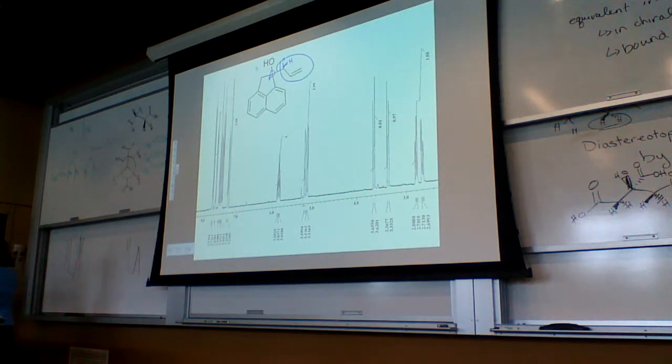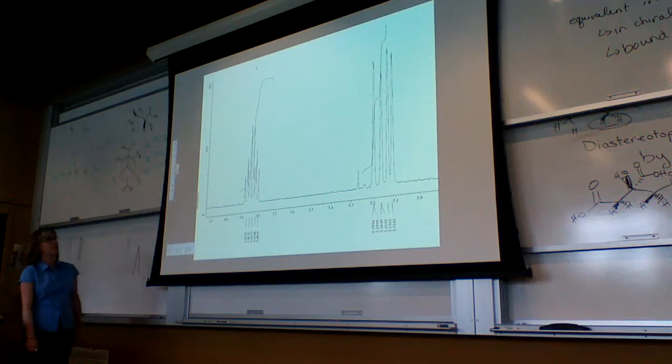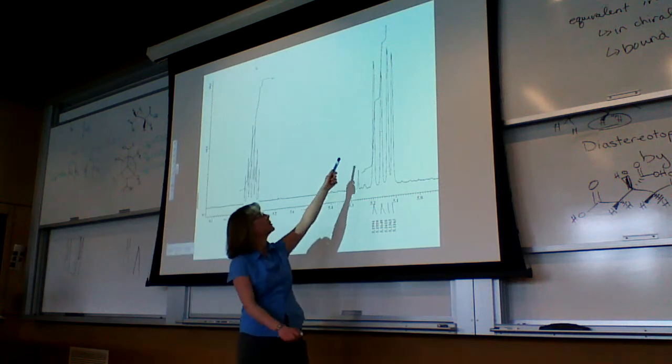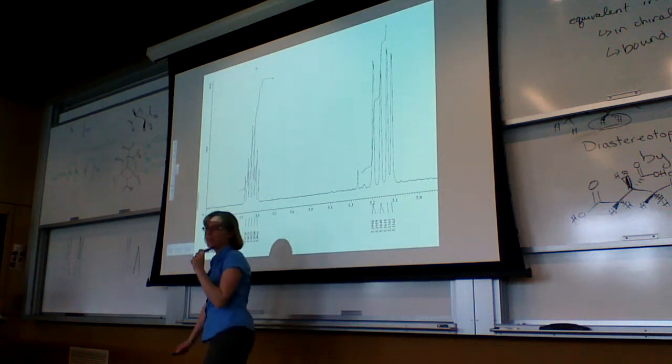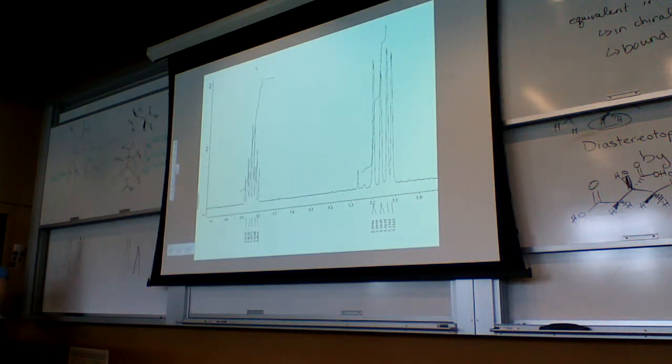So we are going to look at these in more depth, but in order to do that, you really got to zoom in on the peaks. I think that was my last point on looking at coupling, is zoom in on your peaks, because when we zoom in on our peaks, we see little tiny couplings that we may not see otherwise. So here's our alkene region.